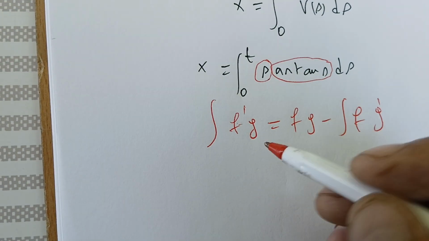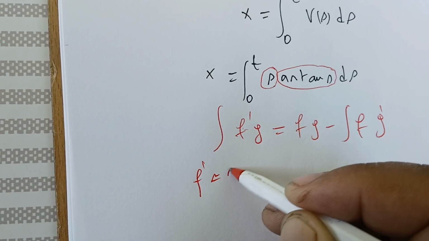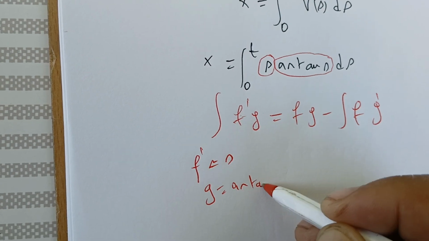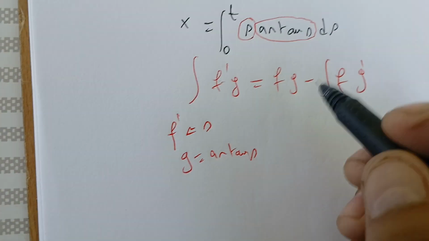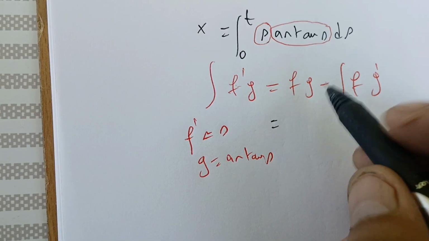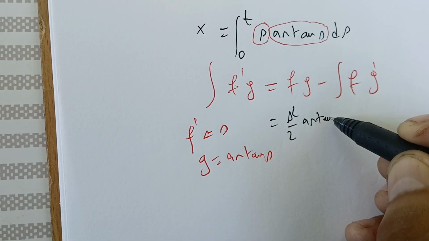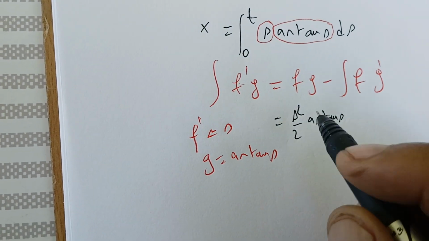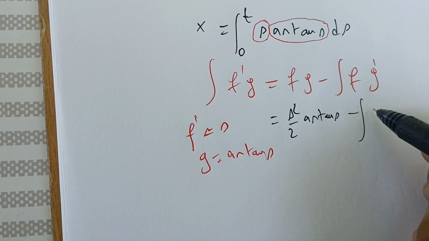So I'll take f' as s and g as the arctangent of s. And therefore, let's not worry about the bounds for now, I have f is s squared over 2 times arctangent of s. We'll come back to the bounds later. Let's find the primitive now. Minus f, which is s squared over 2.